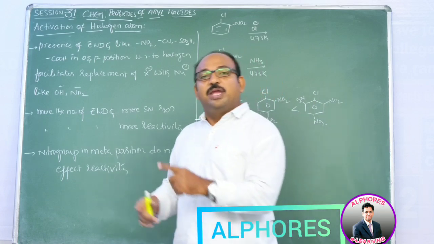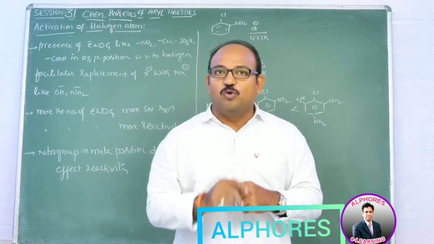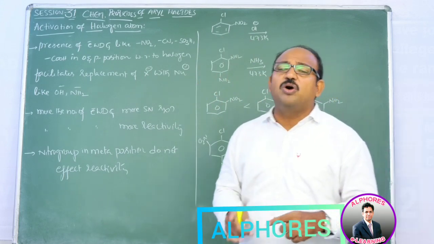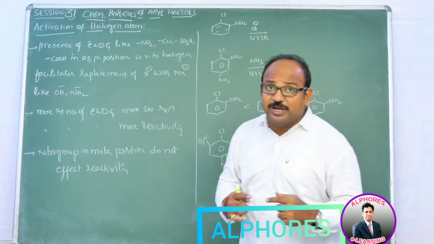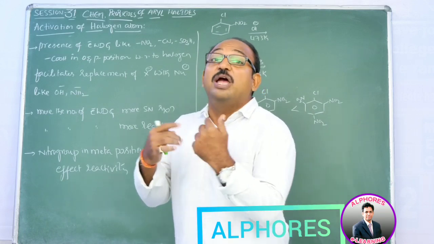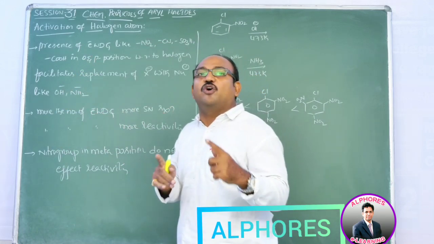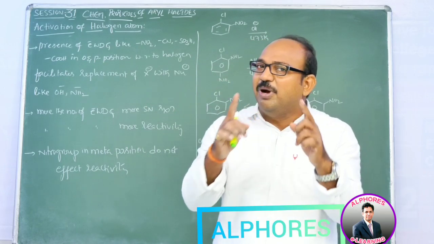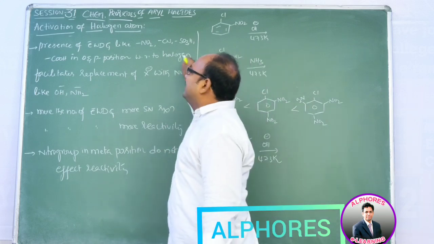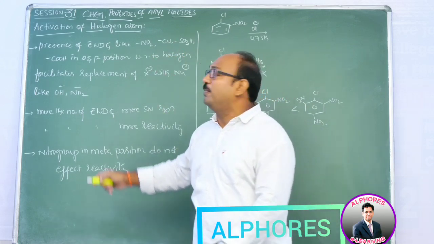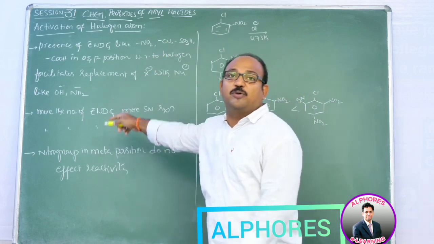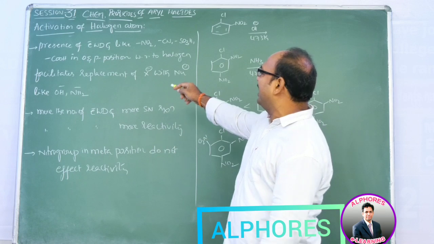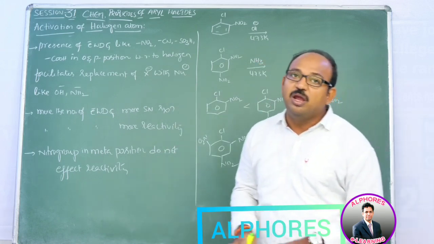So presence of electron withdrawing groups like NO2, CN, COOH, SO3H in ortho and para positions with respect to halogen makes the displacement of that halogen much easier. So the first point says that presence of electron withdrawing groups like NO2, CN, SO3H, COOH in ortho and para positions with respect to halogen facilitates replacement of X minus with a nucleophile.